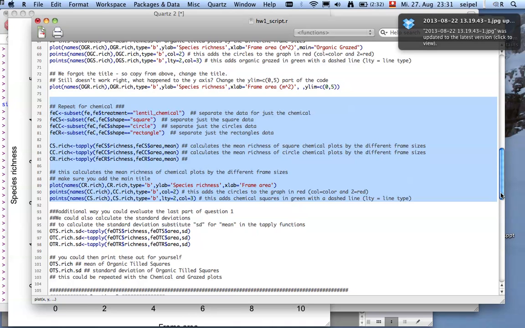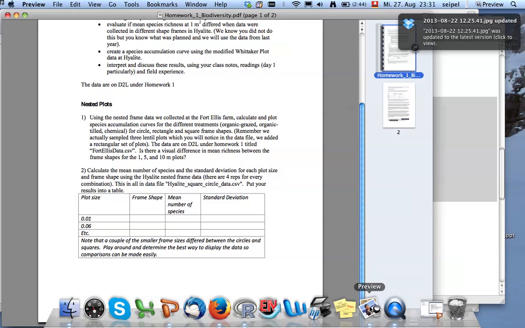I hope it's clear. And so we'll move on to the second part of question 1, which was to calculate the richness for the mean and the richness for each of the, let's go back to the homework real quick.